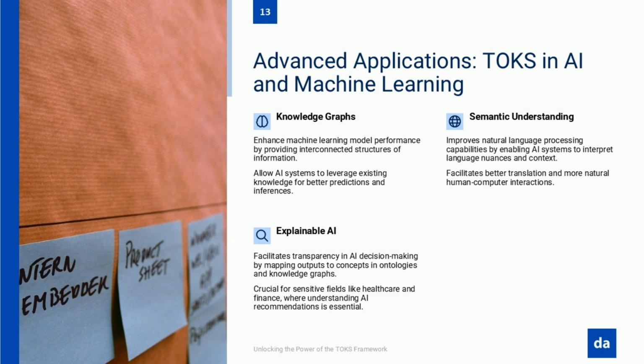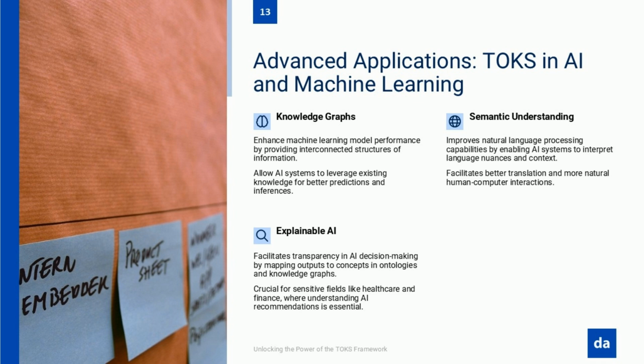In healthcare, AI systems enhanced with medical ontologies and knowledge graphs are improving diagnostic accuracy and treatment recommendations. These systems can integrate diverse data sources, understand complex medical relationships, and provide insights that consider a patient's entire medical history and relevant research findings.